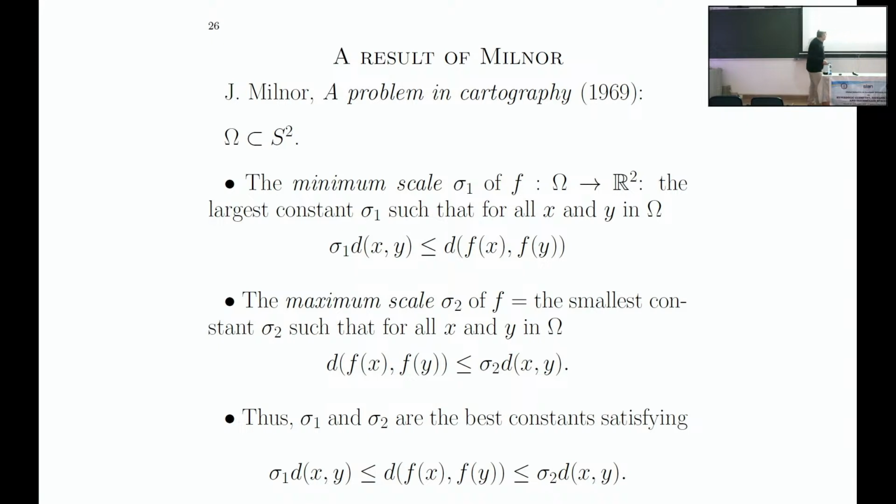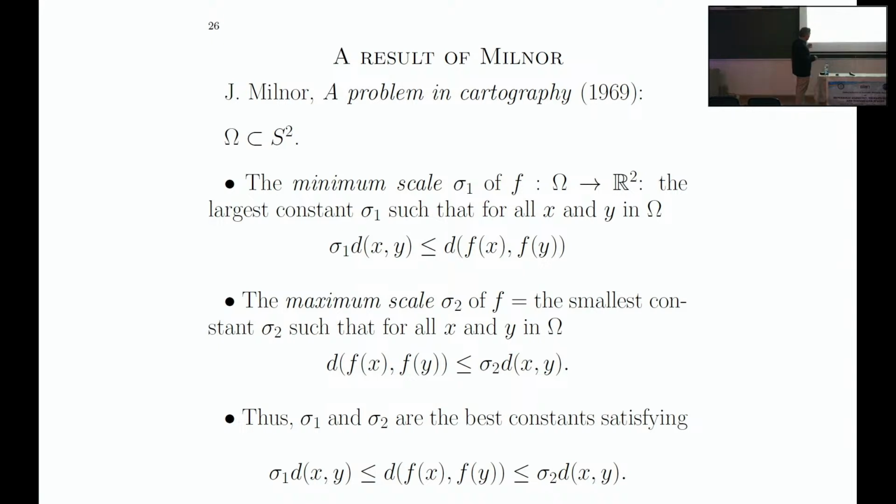Now, when I say, and this is a standard definition, that the map is a quasi-isometry, it means that the distance is preserved up to a multiplicative constant. That is, if this is equal to 2, it means that points which are some distance apart, their images are not 2 times this distance apart. So it's more flexible than an isometry.